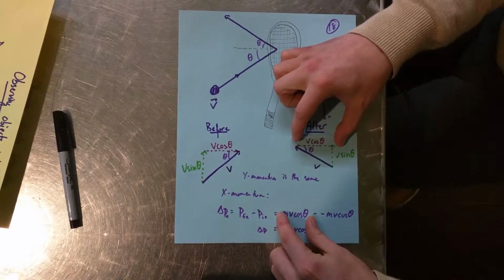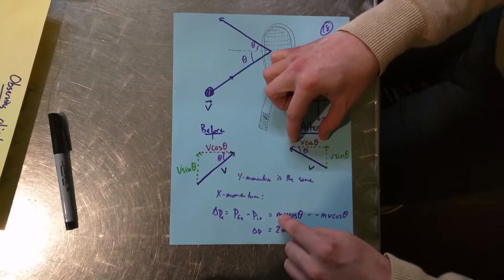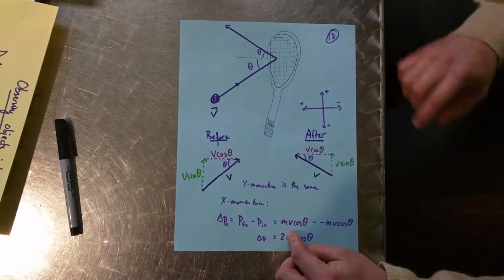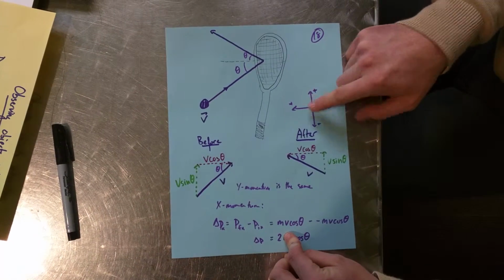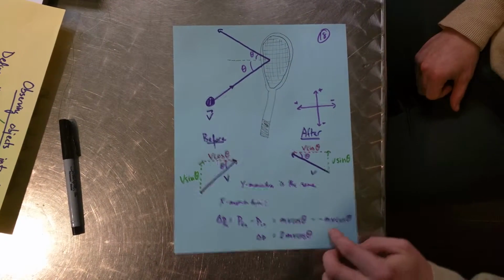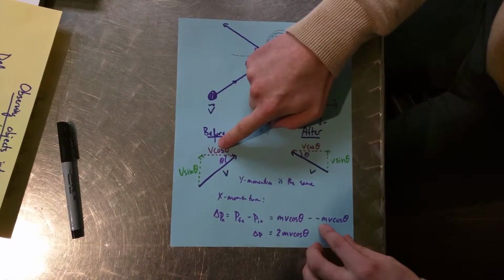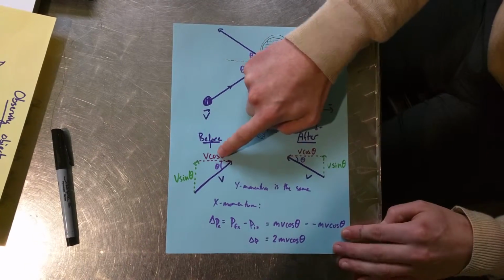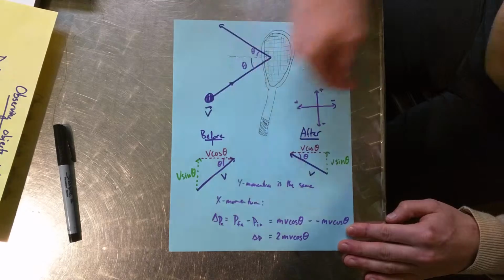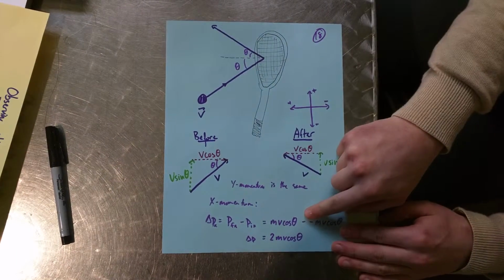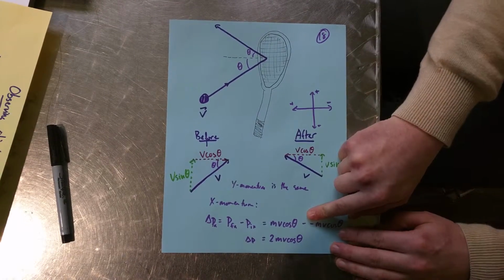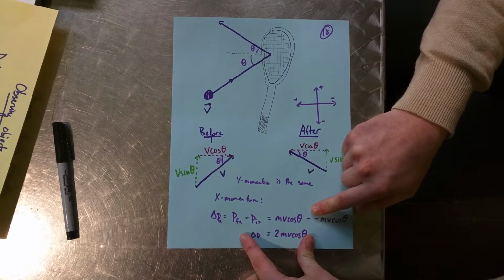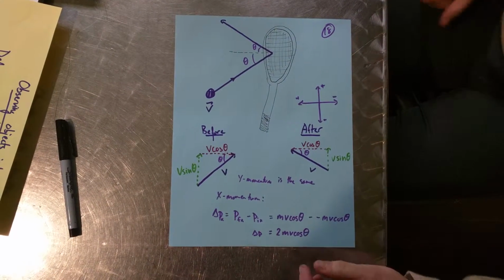My after case is mass times v cosine theta, and it's going in the positive direction, minus mass times v cosine theta, but this is a negative component because it's going this way, which I defined to be negative. So we have two negatives that then become positive, making our change in momentum 2mv cosine theta.